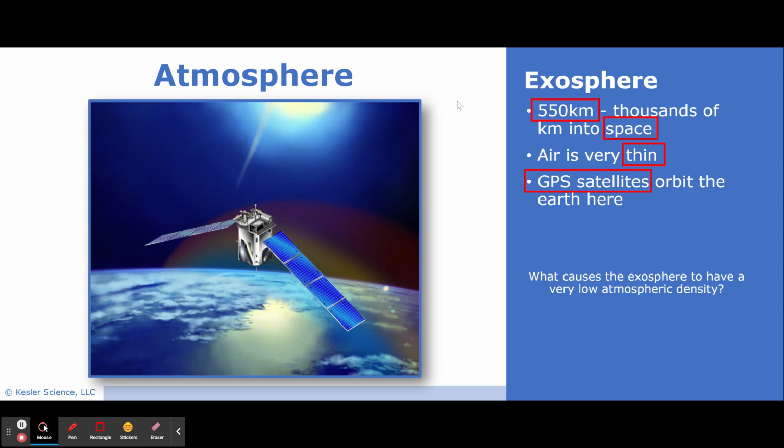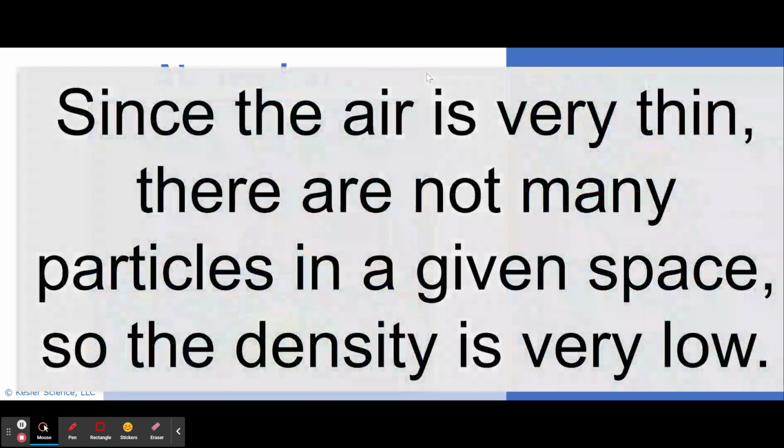Here is what I want you to copy. Since the air is very thin, there are not many particles in a given space, so the density is low. And if you remember back in one of our earlier slides, we saw the diagram that showed the density thinning out as it got higher up into space.